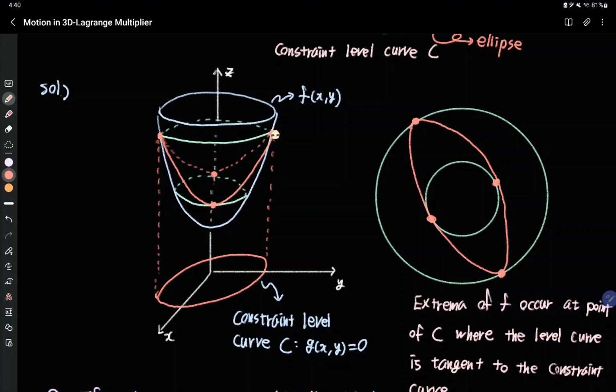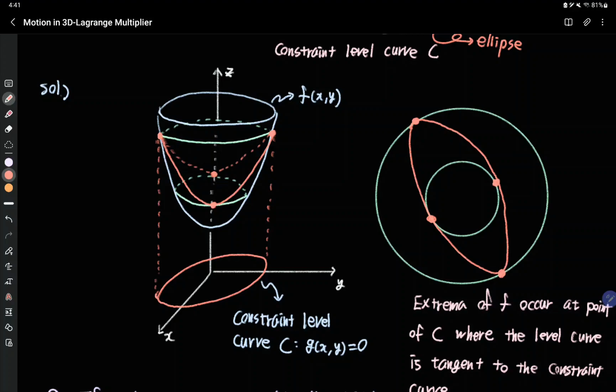Then we draw the level curve on the surface of f, just touching the pair of points where f has maximum value, and the pair of points where f has minimum value.